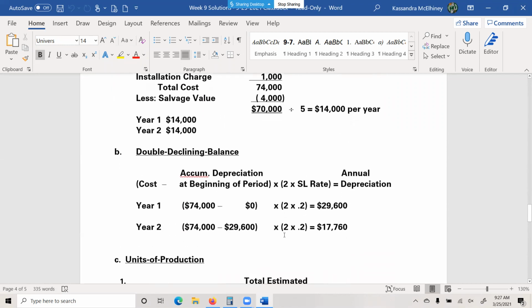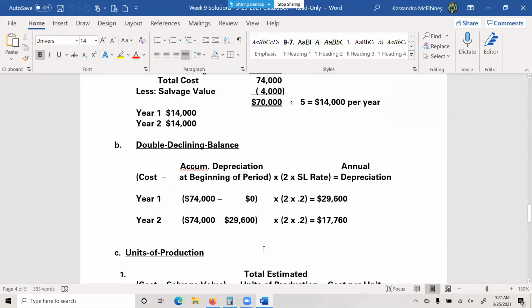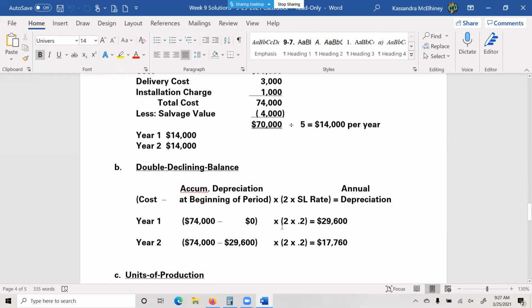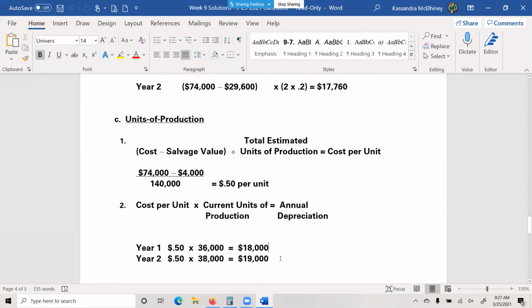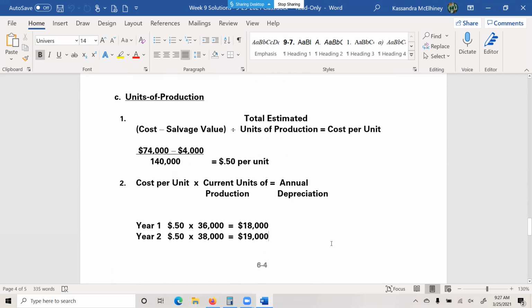A little bit over what we saw in straight line and a little bit less than what we saw in double declining balance. Again, if you have machinery that actually puts out units of product, that's probably the way to go, is to use units of production depreciation.